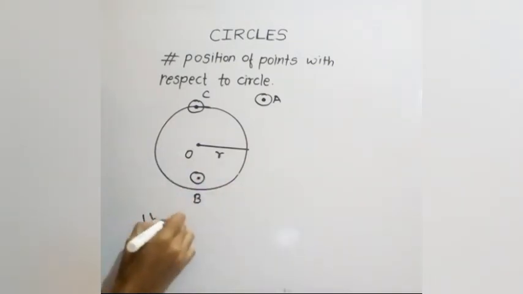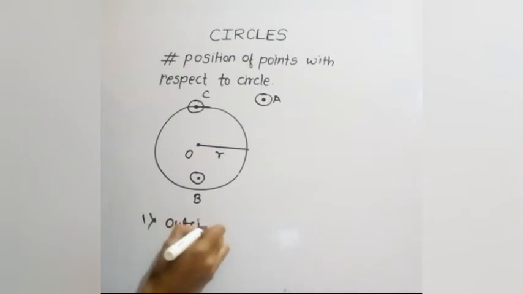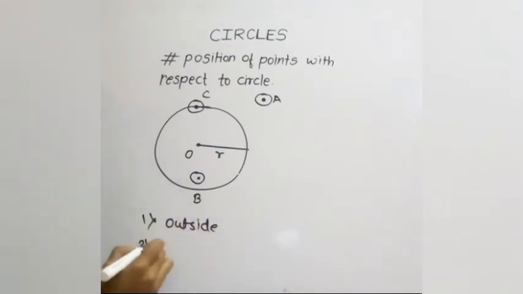First one is outside the circle, second one is inside the circle, and third one is on the circle.